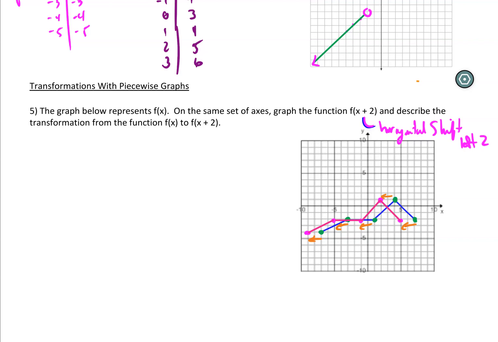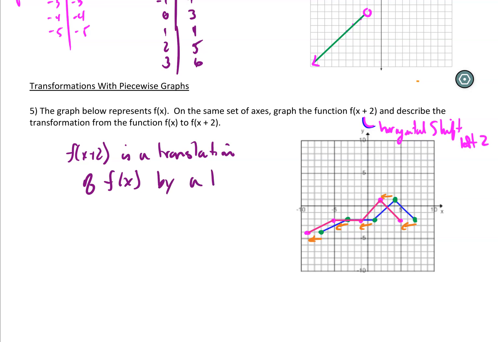So here, f of x plus 2 is a translation of f of x by a horizontal shift of left 2 units.